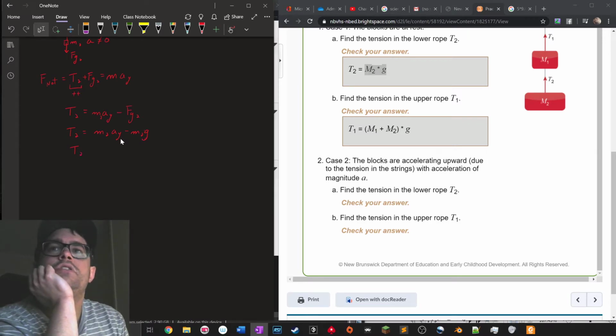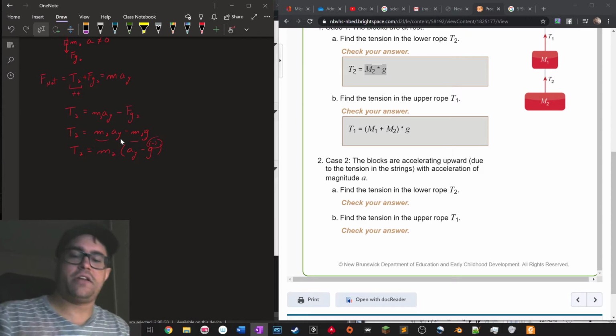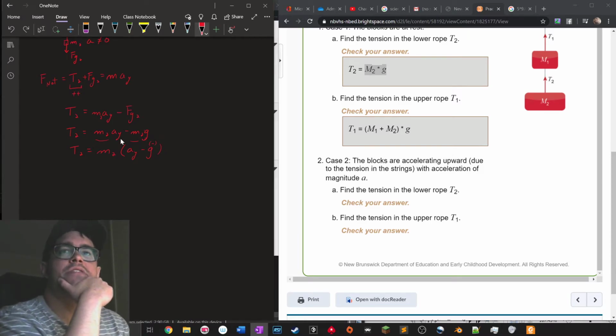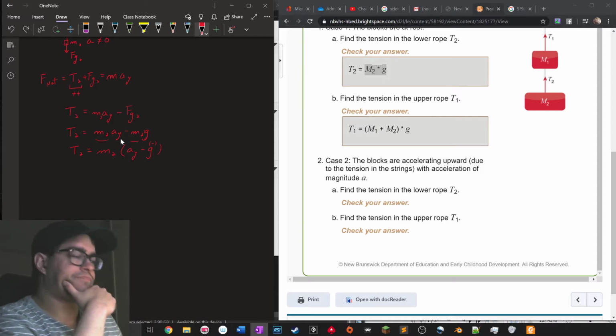And so we are looking at a factor here of M2, AY minus G. And this G is negative. I like to put this here just to remind ourselves why the minus is there as we explore this.